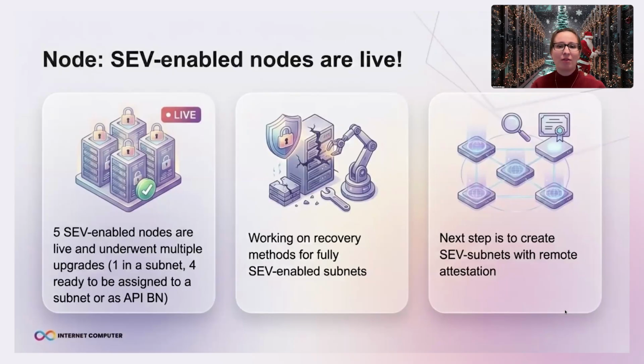So we're working on a recovery mechanism to be able to recover a full SEV-enabled subnet, since no one, including DFINITY, would have access to any of the nodes running in a subnet. So we need to be smart about how to recover such a subnet. And the next step, hopefully next year, is to enable a full SEV subnet with remote attestation.